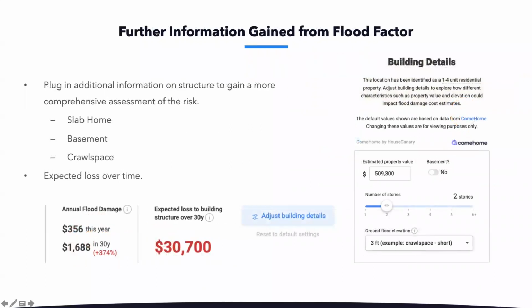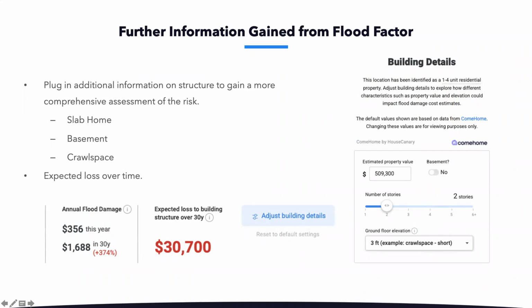Now, you can also gain some further information from Flood Factor. This has nothing to do with insurance. This is just what somebody could potentially expect to pay over the course of time in flood damage. You're able to plug in some additional information, things like a slab home, whether it's a basement or up on a crawl space, how long you expect to live here, and what the estimated property value is.